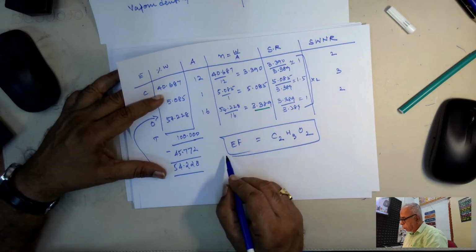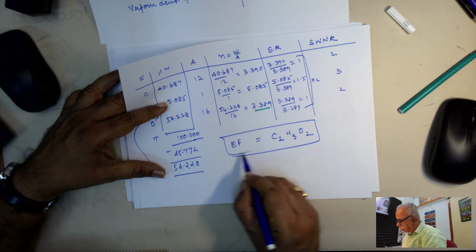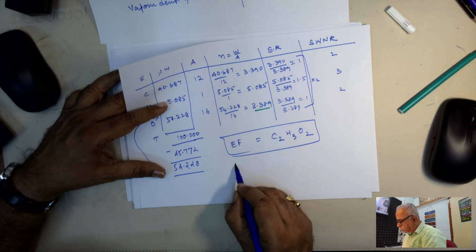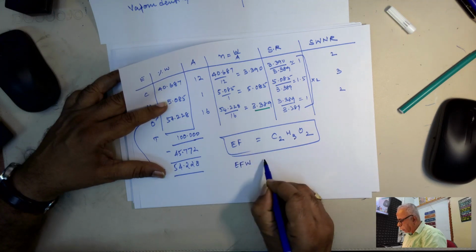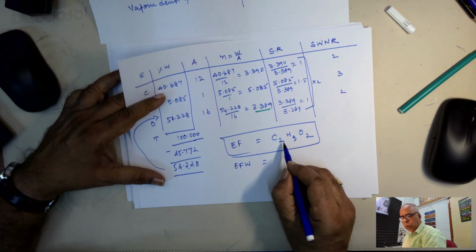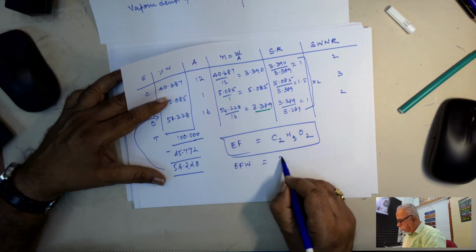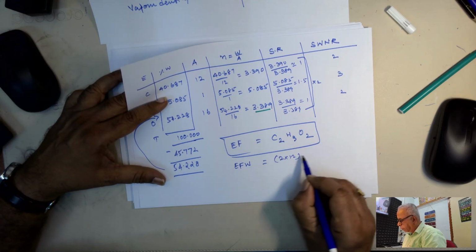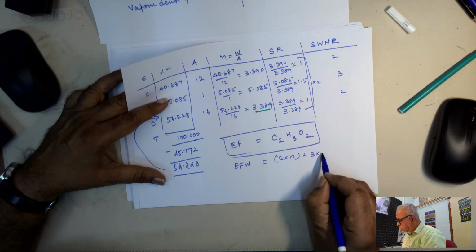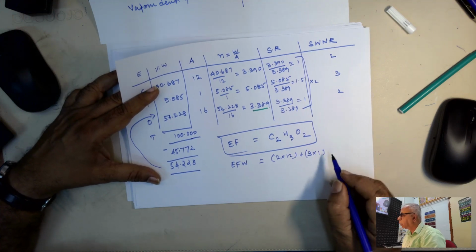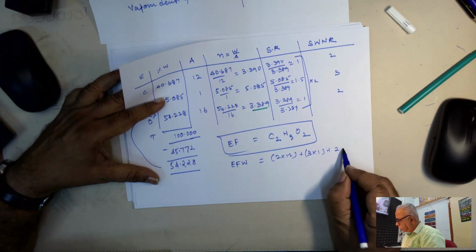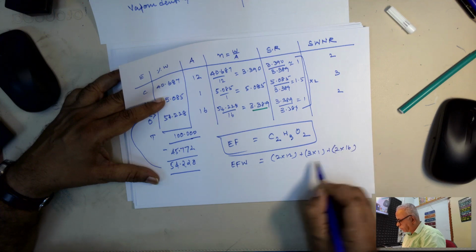The empirical formula has a certain weight. What is the empirical formula weight? C, that is 2 into 12, plus 3 into 1, plus 2 into 16.